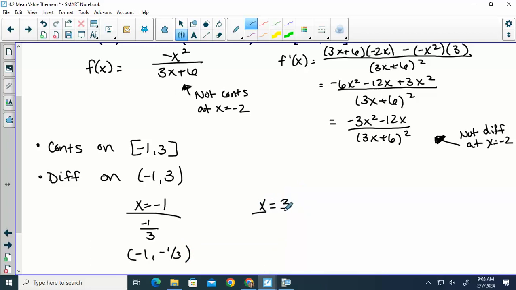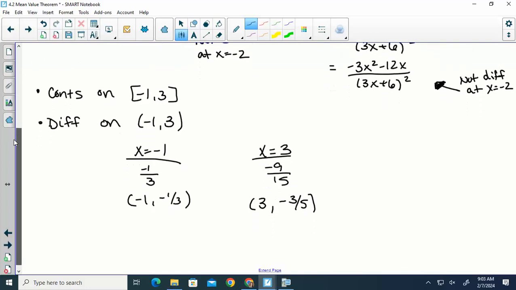The other one, if we plug in a 3, we get -9 over 9 plus 6, so 15, which reduces to -3/5. How do we find slope between those?